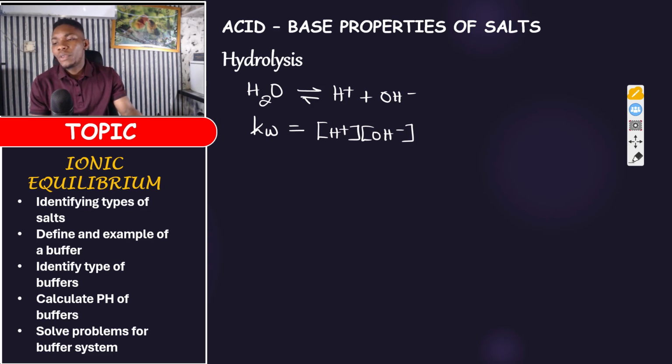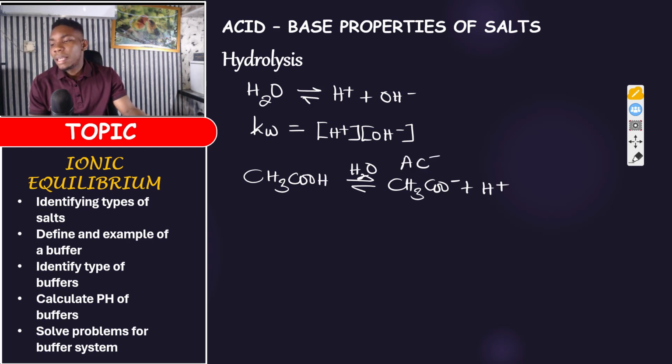Now, how about if you have a reaction where you have acetic acid. If acetic acid dissolves in water, I told you that in the equilibrium constant expression water does not show. This is going to form the acetate ion. Now, in your material, so that you do not get confused, the acetate ion is represented as AC negative, while the acetic acid is represented with HAC.